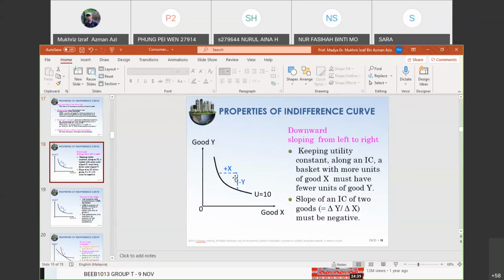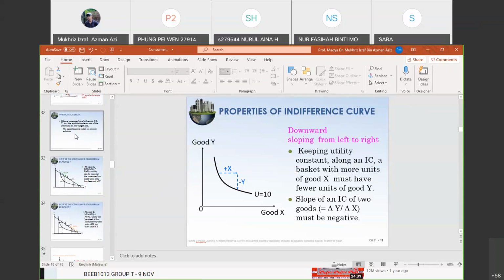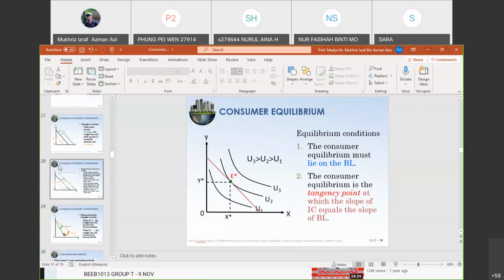So this slope here is what we call MRS, the change in Y divided by the change in X. So the slope of the indifference curve, the MRS, equals the slope of the BL.